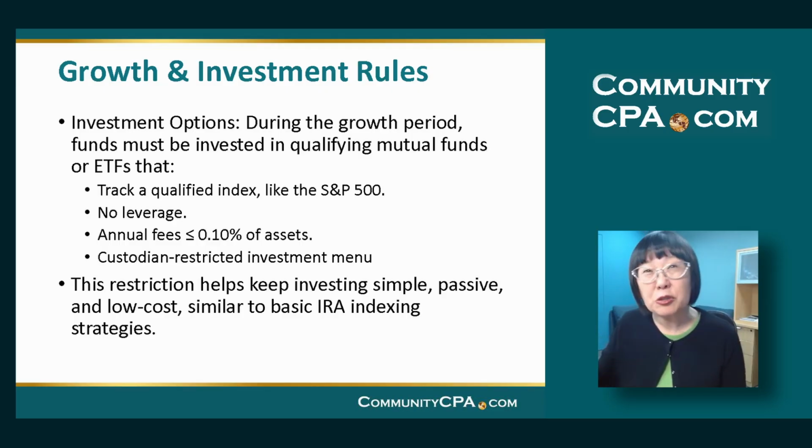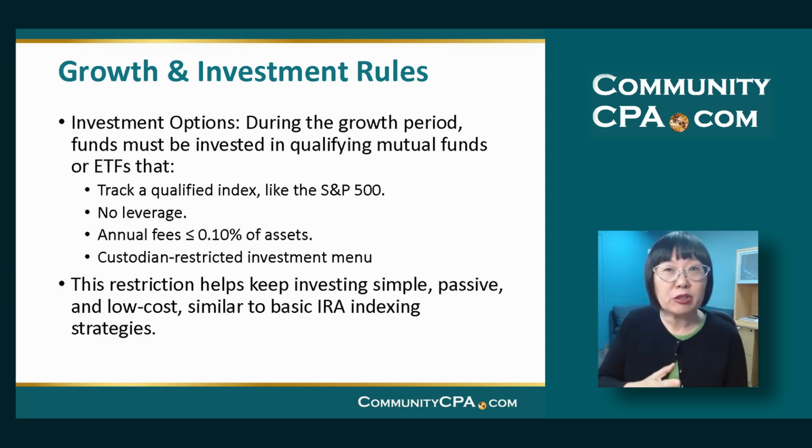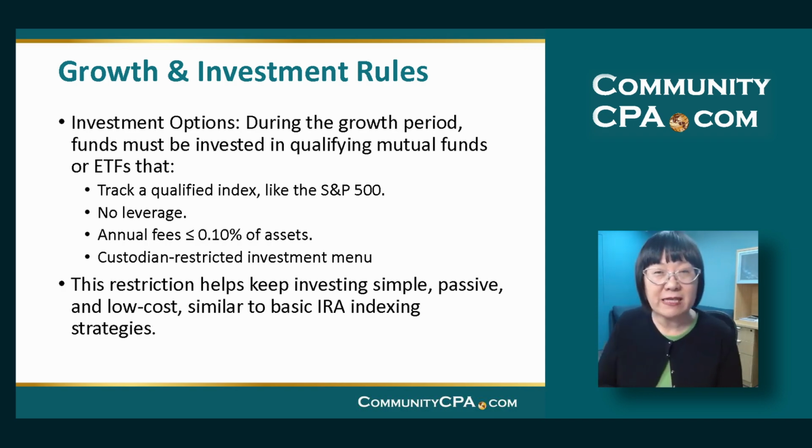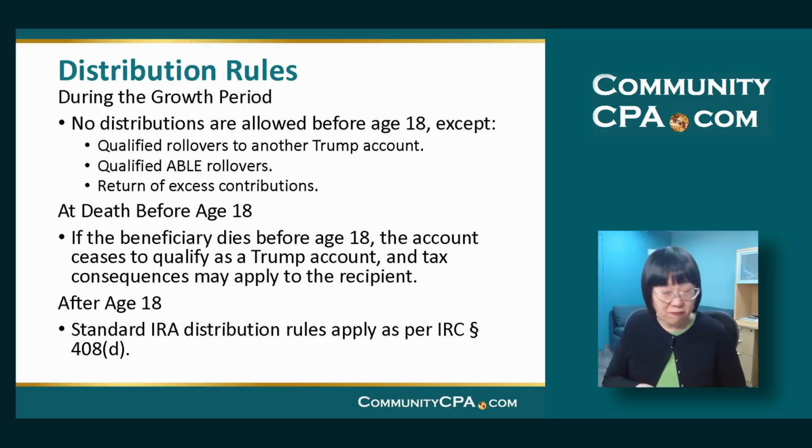But the statutory purpose for the limitation is wanting to see you investing safely, so you for sure get a positive return on investment rather than maybe losing it because you're a risk taker, right? So distribution rules also: no distributions are allowed before age 18. You see, pretty set in stone.